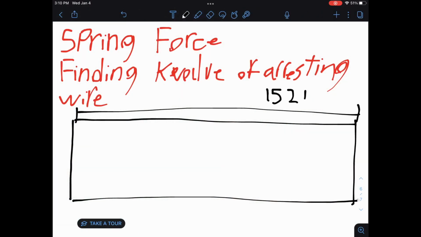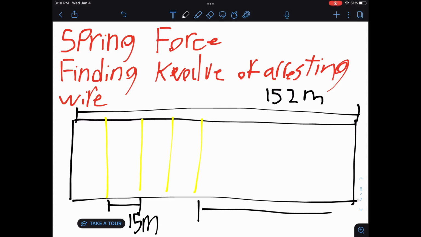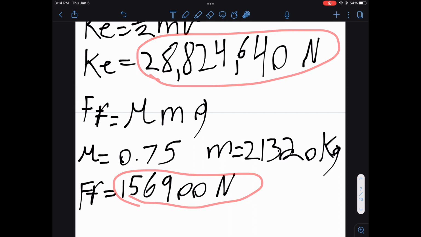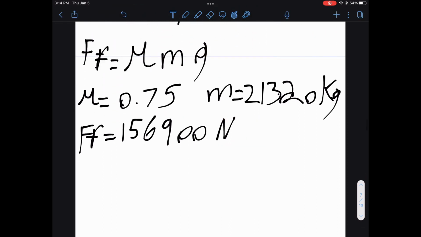The runway on the aircraft carrier is 152 meters long, and there are 4 arresting wires spaced about 15 meters apart. In the clip, it appears he lands on the 3rd one, but for safety reasons, I will use the distance to the end of the runway from the 4th wire, which is 92 meters. I'm able to find the total kinetic energy with the mass and the velocity, which I previously found.